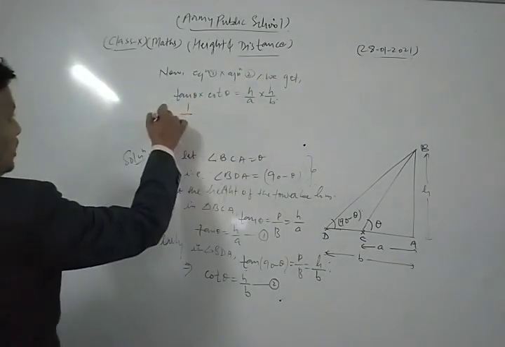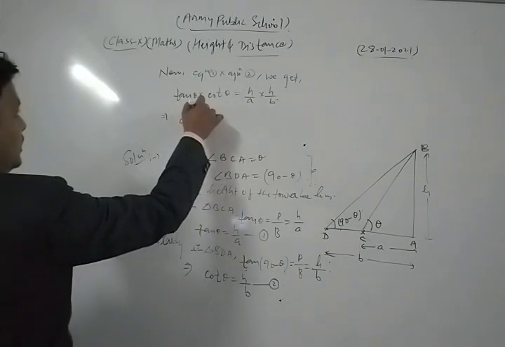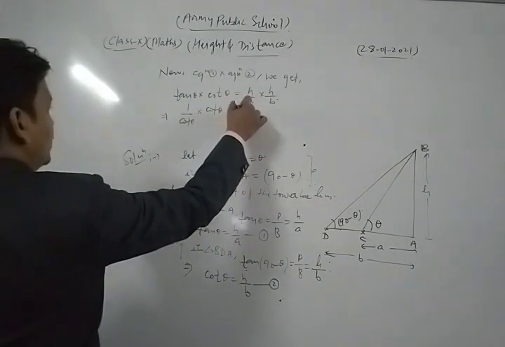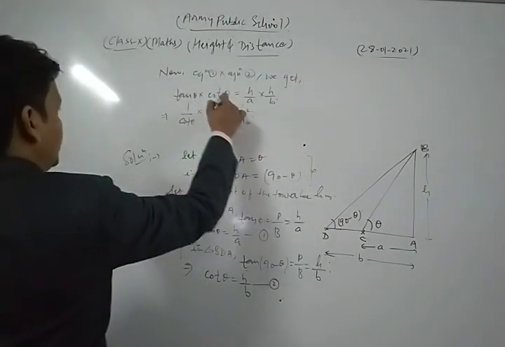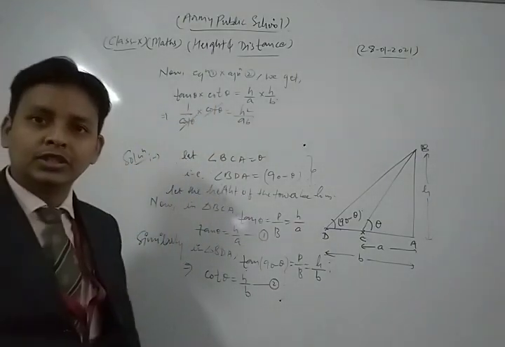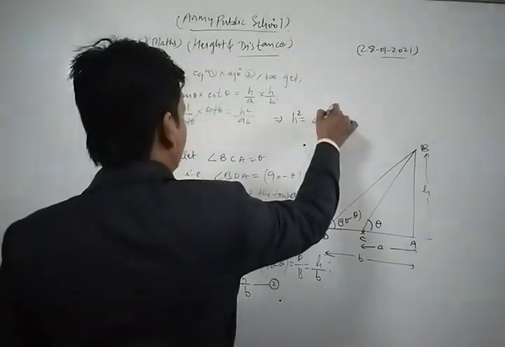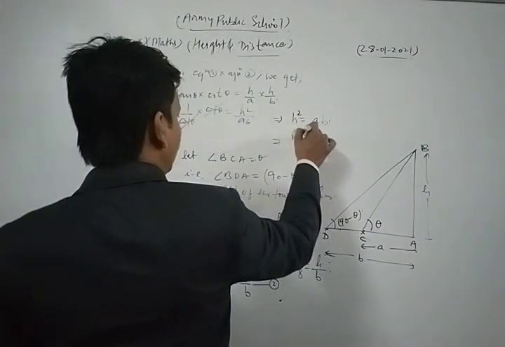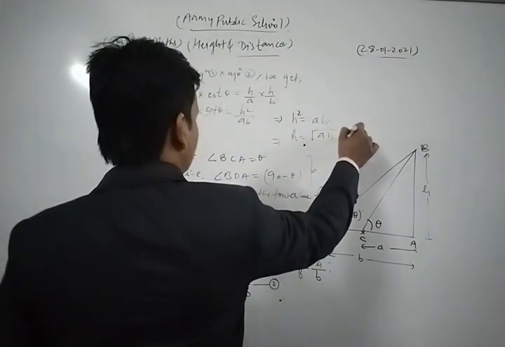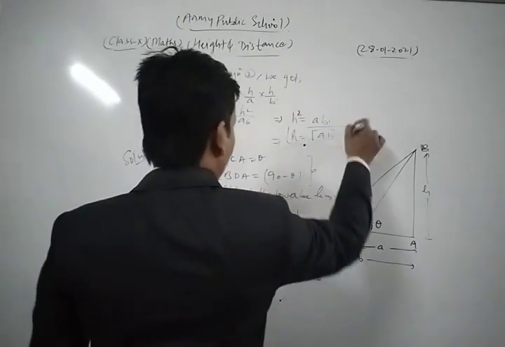Now tan theta is 1 upon cot theta, so 1 upon cot theta into cot theta is equal to h square upon ab. Now cot theta cancels, so we get h square is equal to ab, that is, h is equal to under root ab meter. Thus, hence proved.